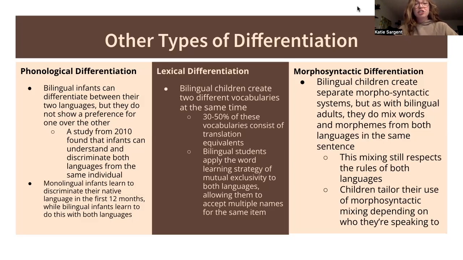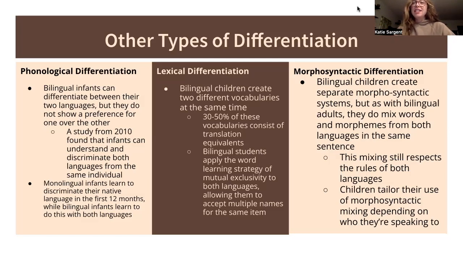In lexical differentiation, bilingual children create two different vocabularies at the same time. 30 to 50% of these vocabularies can consist of translation equivalents for their two languages. Bilingual students apply the word learning strategy of mutual exclusivity to both languages, allowing them to accept multiple names for the same item. So where it might be confusing for a monolingual student to accept multiple names for the same item, it's easier for a bilingual student because they understand that it's two different languages.